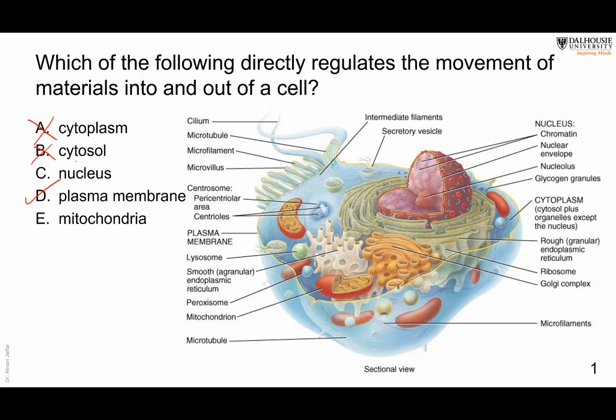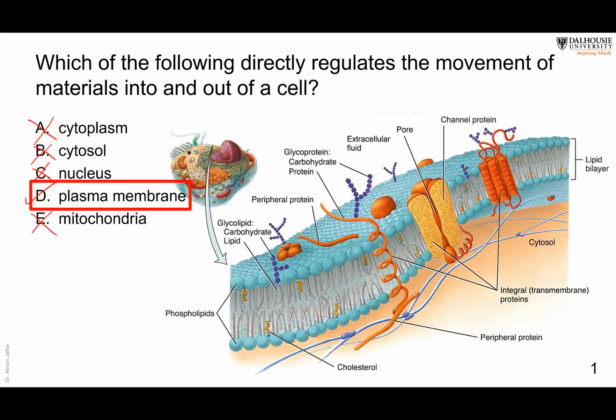It has other functions, like playing an important role in apoptosis, and it contains some DNA that controls the synthesis of proteins, but it doesn't play a role in movement of material into and out of the cell. And the nucleus is another organelle that is involved in protein synthesis. So the correct answer here is the plasma membrane.